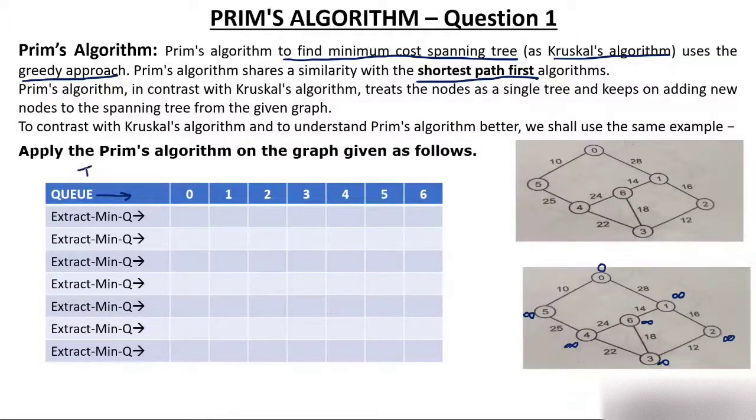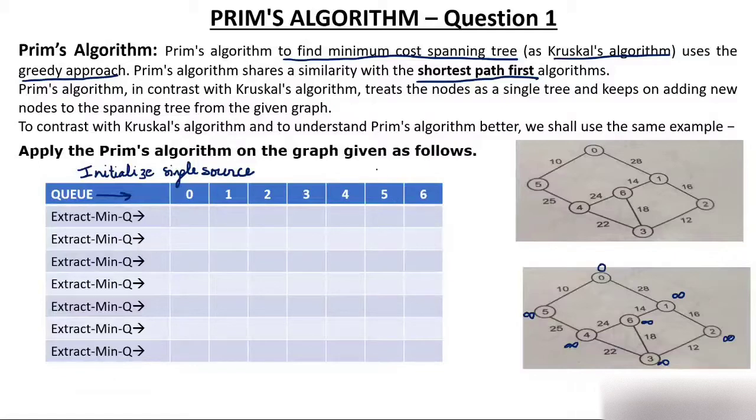So the first step is initialize single source. In initialize single source, we initialize the source node with 0 and all other nodes with infinity. In the second step, we insert all the nodes of the given graph in a queue.